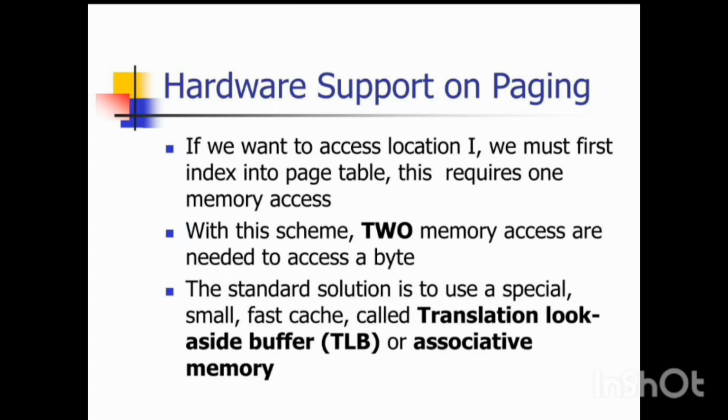If we want to access location i, we must first index into the page table. This requires one memory access. With this scheme, two memory accesses are needed to access a byte. The standard solution is to use a special small, fast cache called a translation look-aside buffer, TLB, or associative memory.